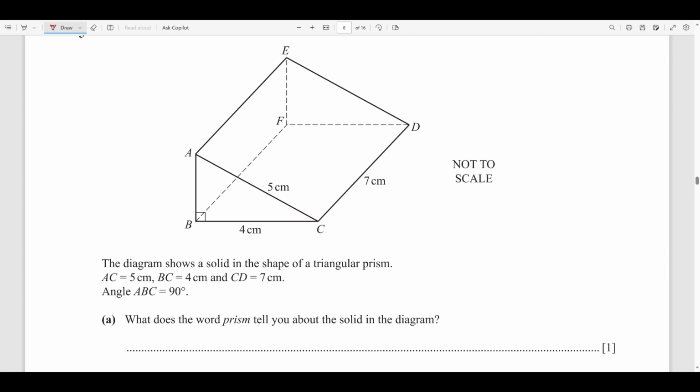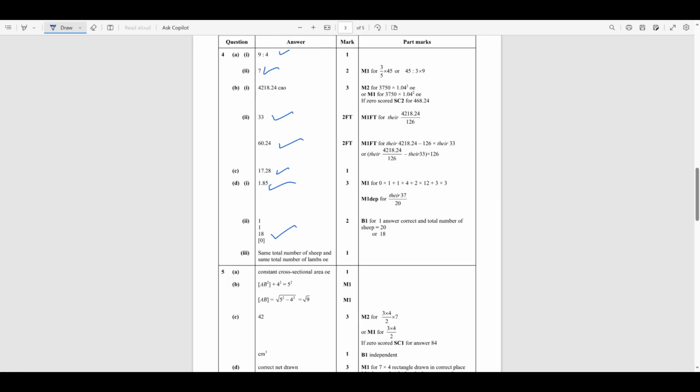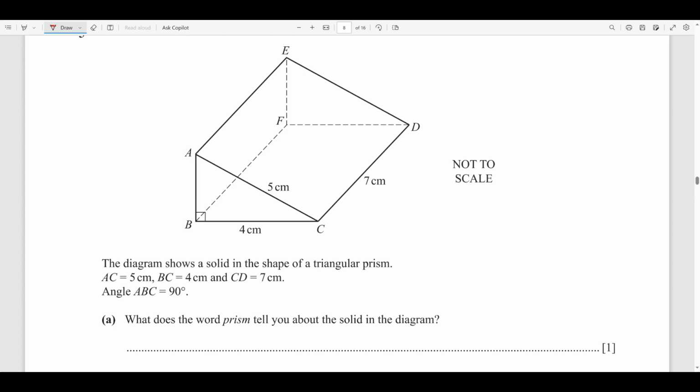You can say that the prism is uniformly divided into cross sections from A to E. You can explain it any way you want, so I think talking about cross sections should be the ideal thing here. Let's see what the marking scheme says. Constant cross sectional area, yeah, that's what the prism is. So we'll take that.